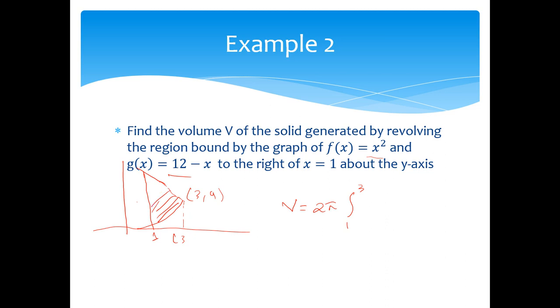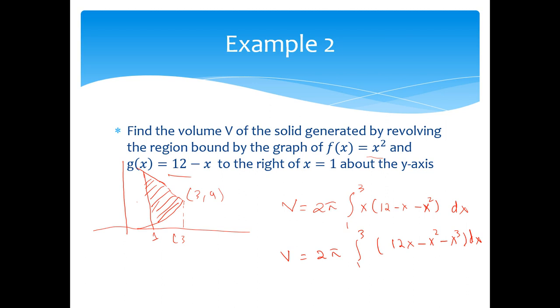So this is the region that we are to consider. So we're going to have x times 12 minus x squared minus x cubed, so V equals 2 pi integral from 1 to 3 of 12x minus x squared minus x cubed.